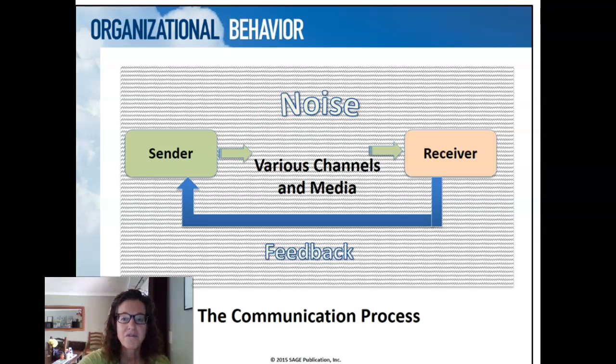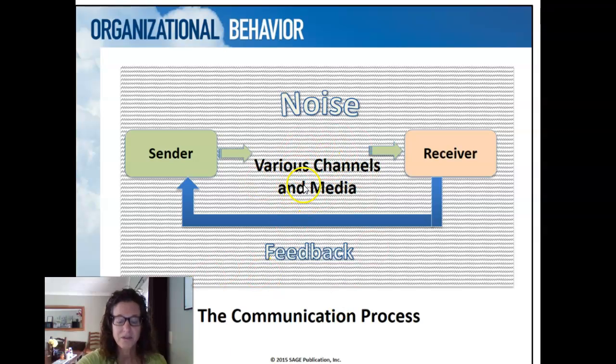And if the receiver did not receive the message appropriately, the feedback that he or she sends might be incorrect or nonsensical to the sender and act as a communication barrier and disrupt the flow of information in this process.